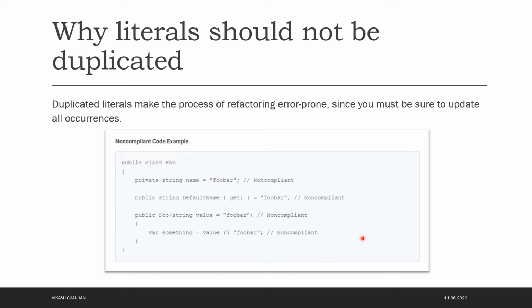So first thing, it will create 4 different copies in the memory. That is one thing. And second thing, if you are working on an enterprise level application, it is quite difficult to refactor such code.